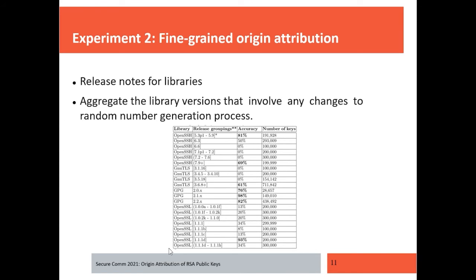For example, in OpenSSL 1.1.1d, we can see that the accuracy of attributing each key to this corresponding library version is 93%. This is because OpenSSL library version 1.1.1d came out with a completely rewritten random number generator, which in turn resulted in 93% of the produced keys to be positively linked to the specific version of OpenSSL.